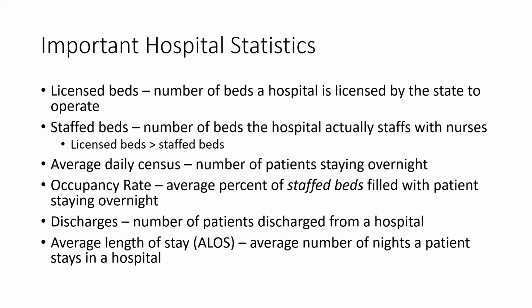So discharges is a better way of measuring the number of patients that have been cared for by the hospital than admissions alone. And then average length of stay is the average number of nights that a patient stays in a hospital. Typically we see in small rural community hospitals, critical access hospitals, which we'll talk about, a length of stay of less than 3 days.